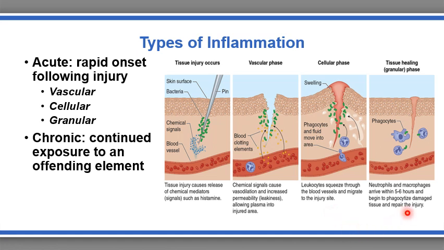So neutrophils and macrophages arrive. You can see they start to eliminate the debris in the area and start to clean it up, and this occurs usually within 6 hours, those macrophages will occur. Those macrophages are also going to secrete more pro-inflammatory cytokines.